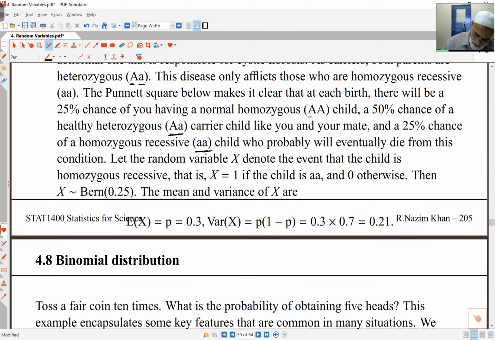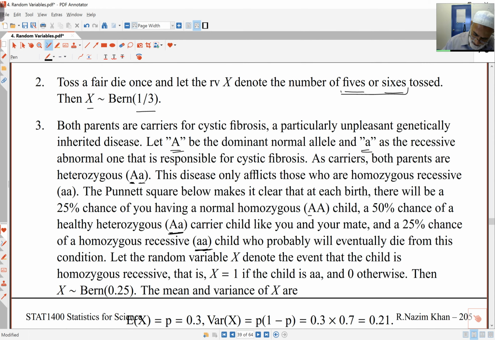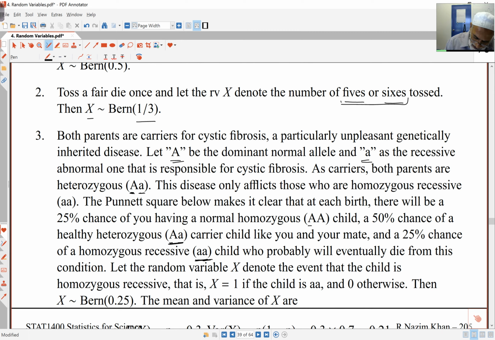So in genetics, these kinds of things usually are expressed in what they call a Punnett diagram. So what they have is over here, the two parents. You can either get an A from the carrier parent or a small a, and likewise you can get the dominant or the recessive gene from the other.